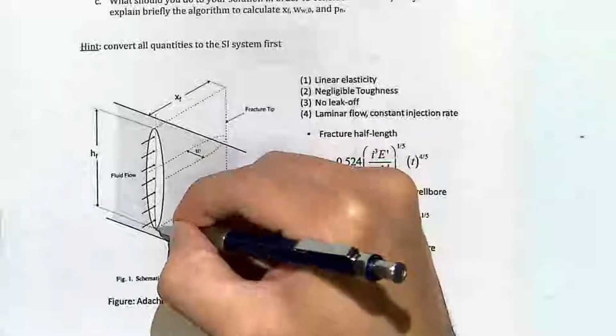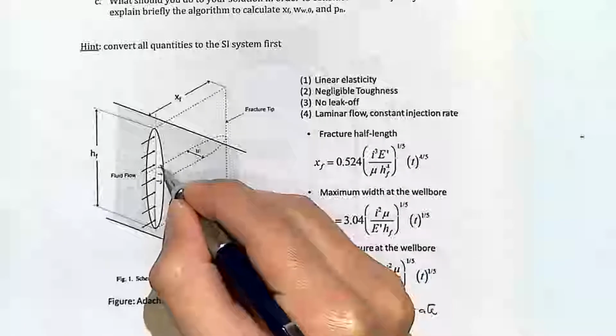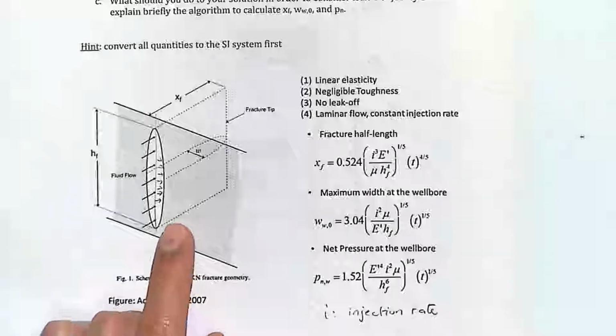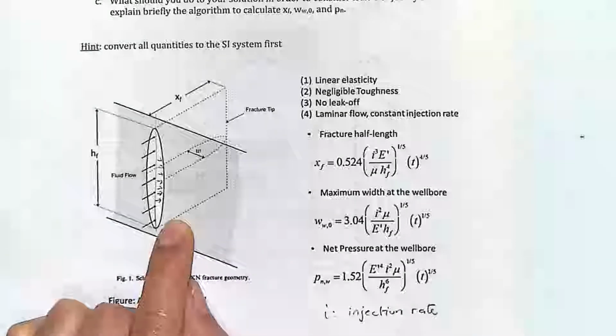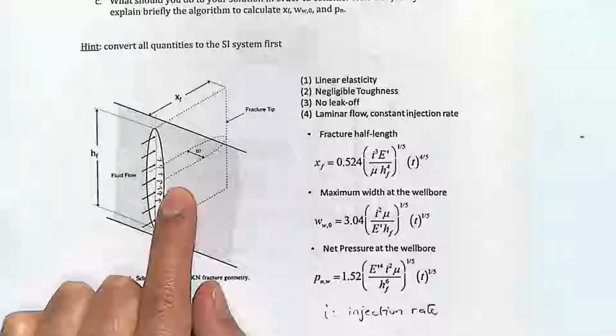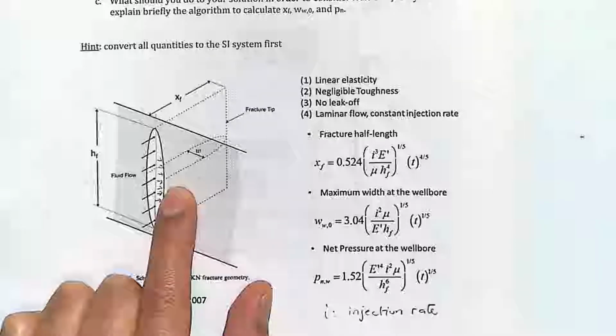Opening the rock in the subsurface is going to require some additional stress. And additional stress on the face of the fracture is going to perturb the local stress around the fracture.